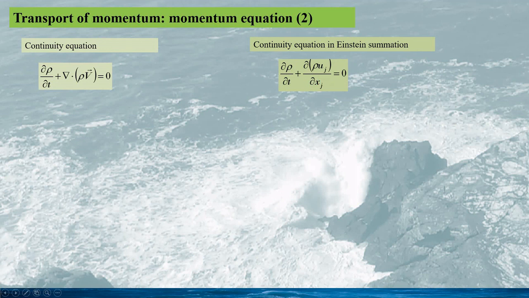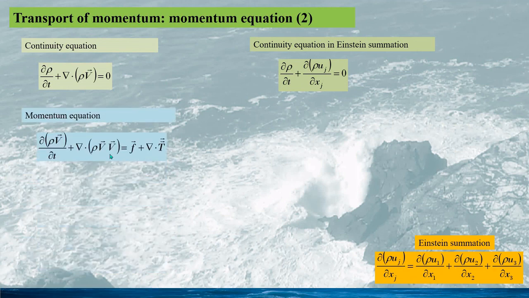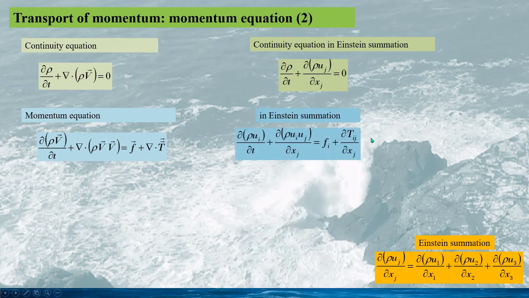Here we have two subscripts j, which means the summation as this. So for the momentum equation, this is the momentum equation in vector form. Its corresponding Einstein summation is as this.